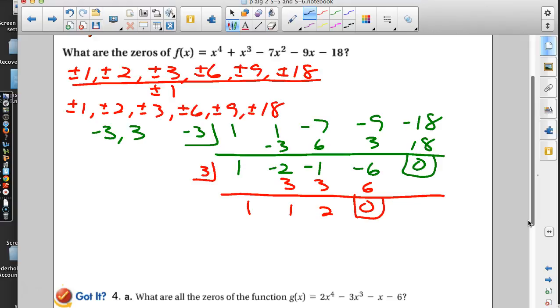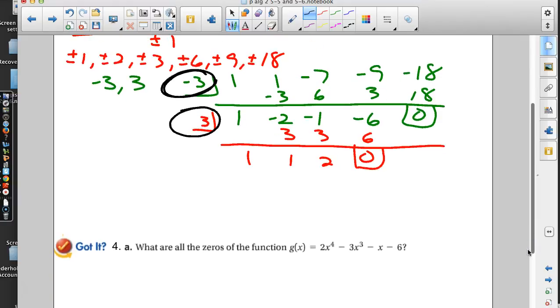So are these 2 zeros or not? Got our remainders of 0, so there's 2 of them. Here's the problem. Is this supposed to have 2 zeros? It's to have 4. There's stuff left down here. So we have to figure out what is this stuff.